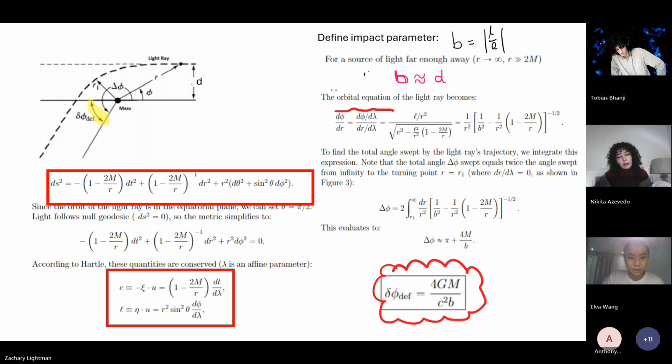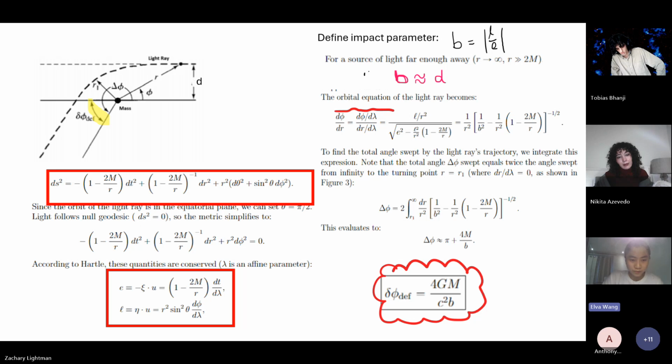The d is the distance in the y direction between the mass and the light ray, and r is the radial distance. We looked at the derivation in Hartle's textbook, which is a textbook on general relativity.